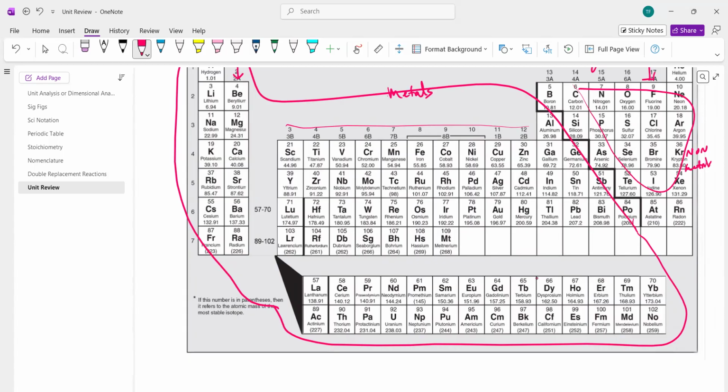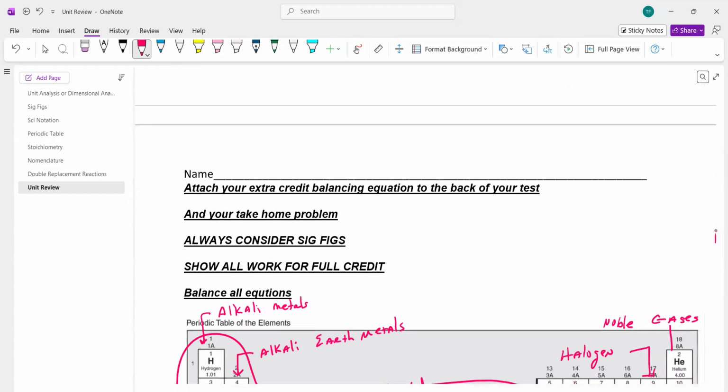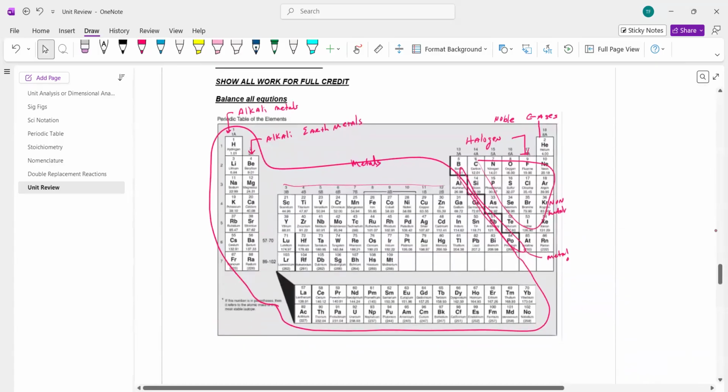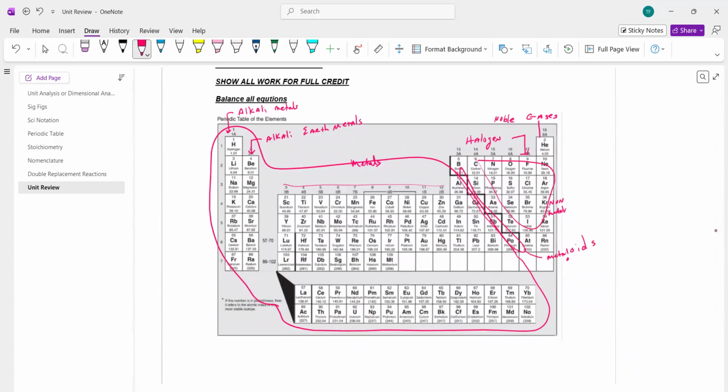And then what's left over are the metalloids in between the two. And I usually do it like this. Just kind of a blob there. Metalloids.